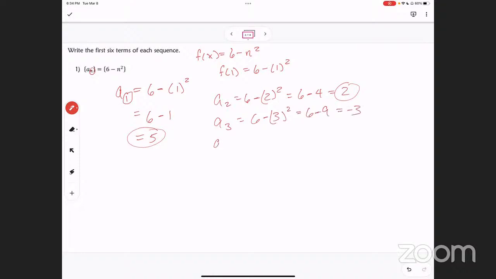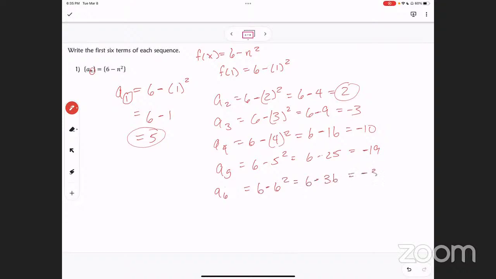Your fourth term is 6 minus 4 squared, not to the fourth, which is 6 minus 16, which is negative 10. Your fifth term is 6 minus 5 squared, which is 6 minus 25, which is negative 19. And the sixth term is 6 minus 6 squared, which is 6 minus 36, which is negative 30.